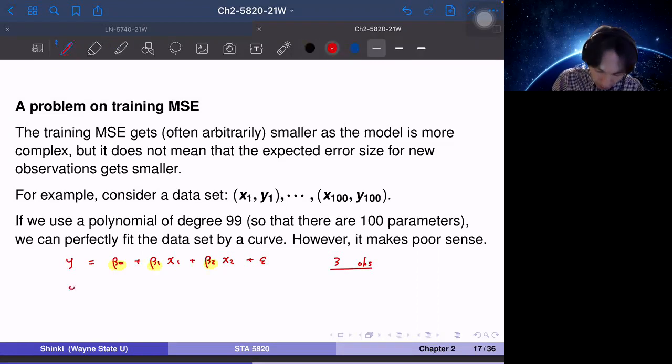So to be exact, 3 observations: y1, y2, y3.